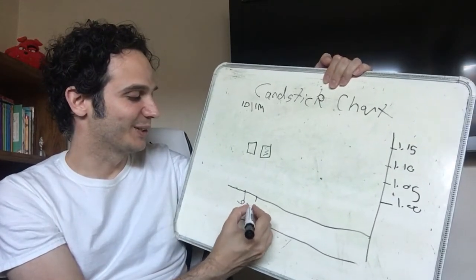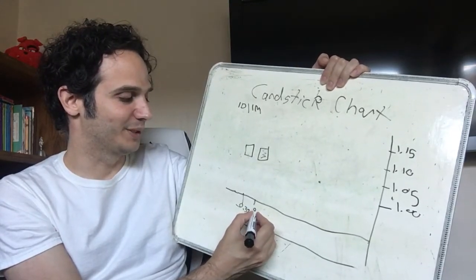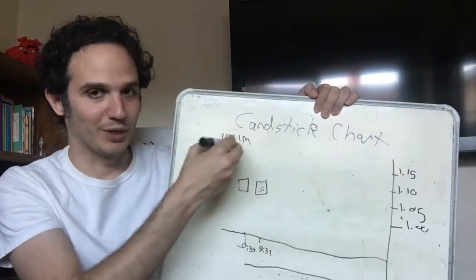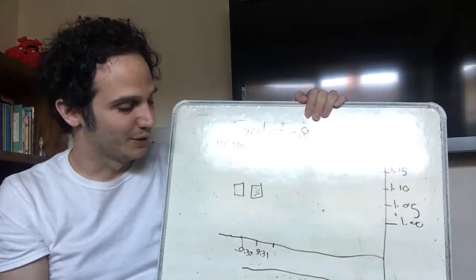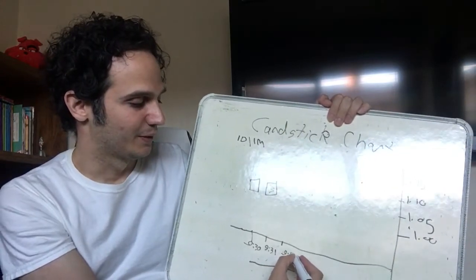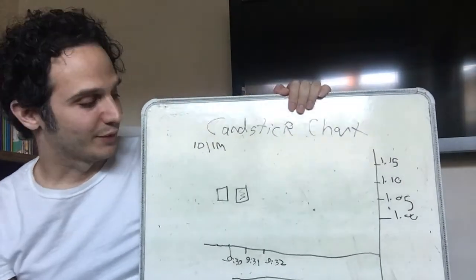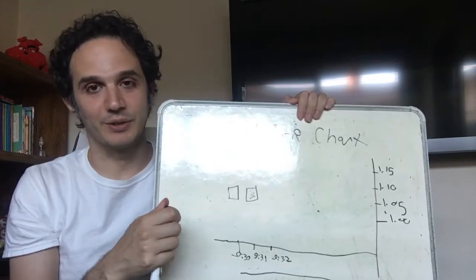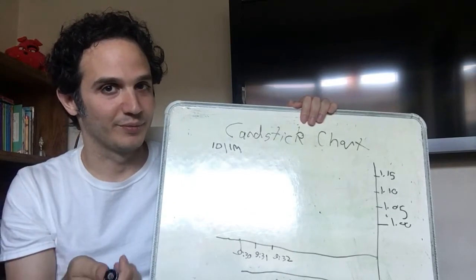So 9:30, and then the next time might be 9:31. If it's the 1 minute chart, it'll be going minute by minute. And then this is 9:32. Normally the stock market in the US opens at 9:30 New York time.